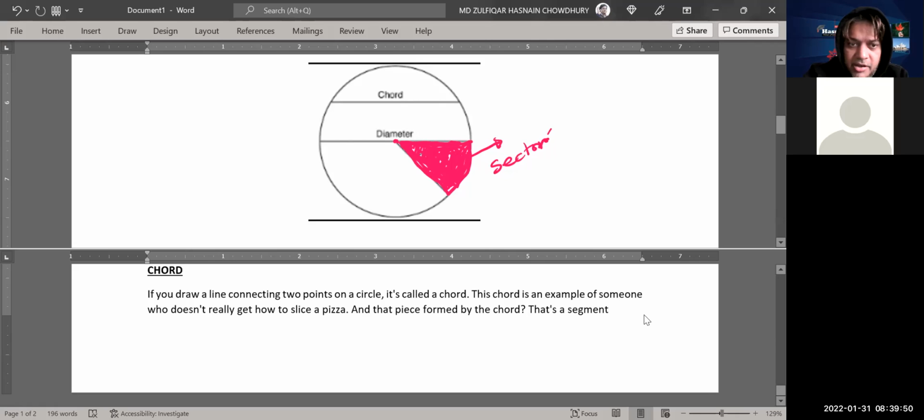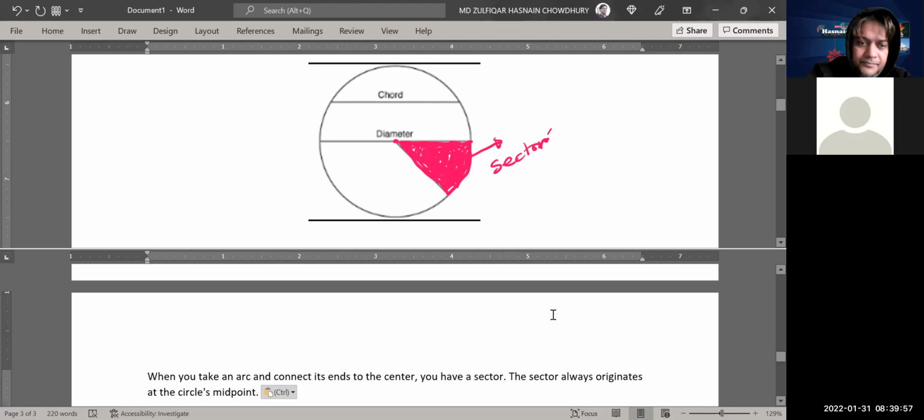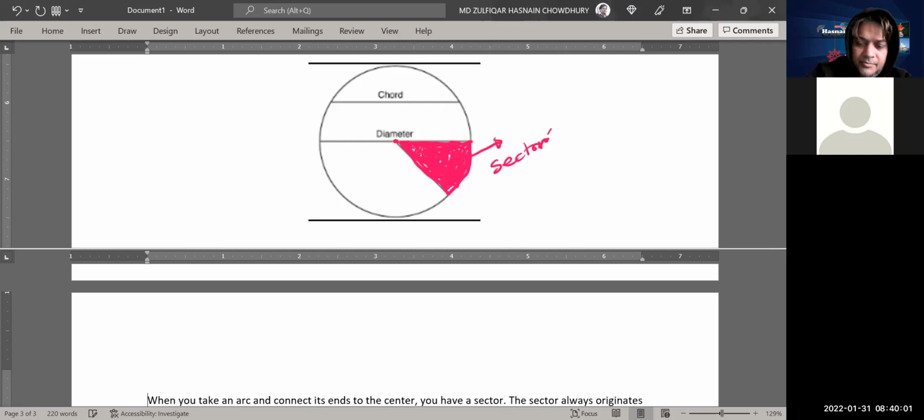How many items have you learned? It's 6 now. How many items?